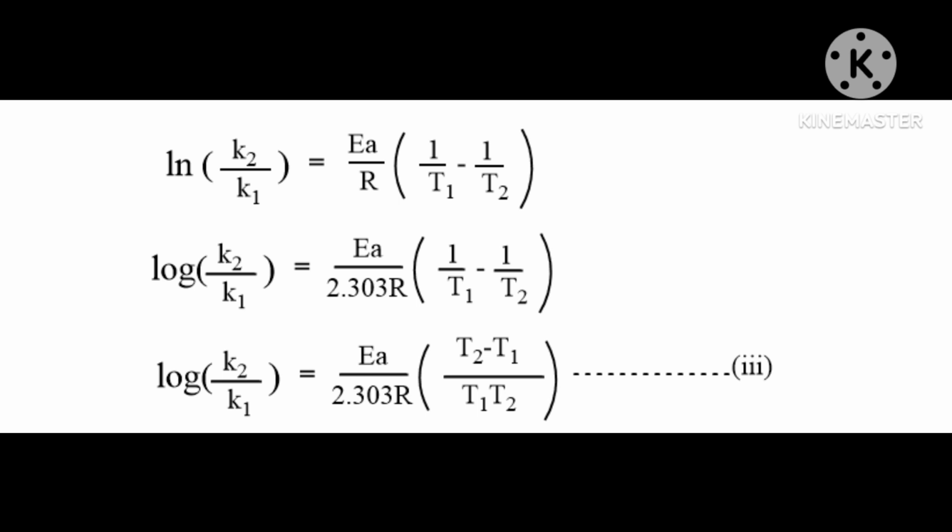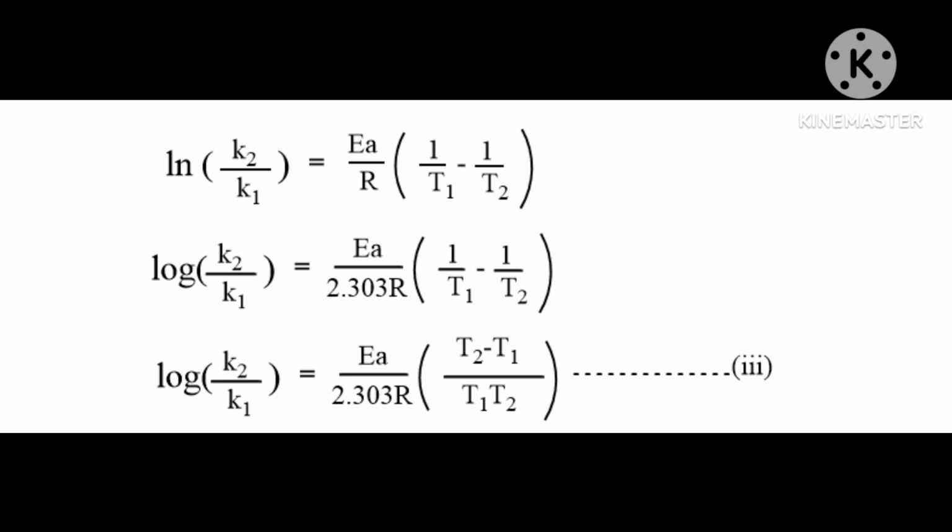Now after that all things are easy. ln K2 minus ln K1, you can write as ln K2 upon K1 by the log rule. Okay, ln x minus ln y is equal to ln x upon y. By using this formula, you can write ln K2 upon K1 equal to, now EA upon R is common, you keep it outside.